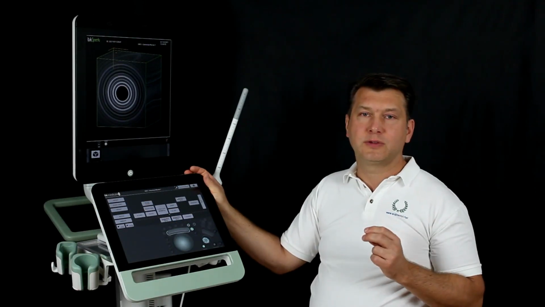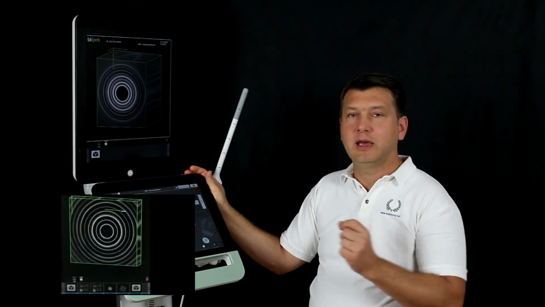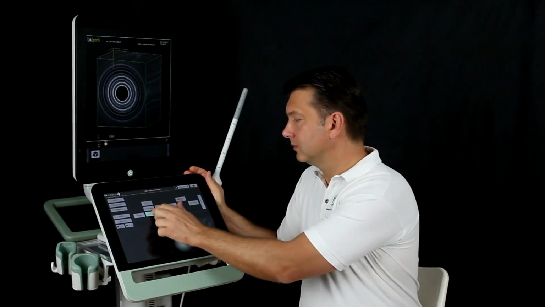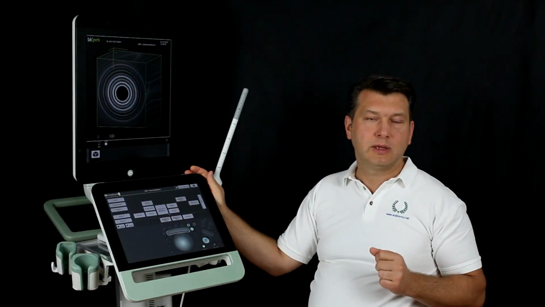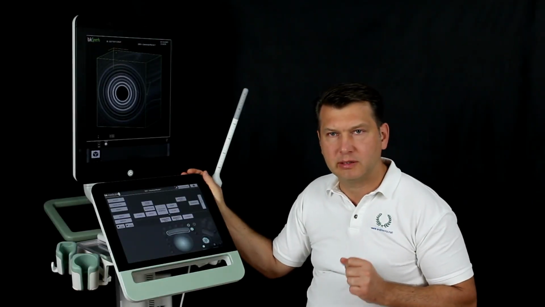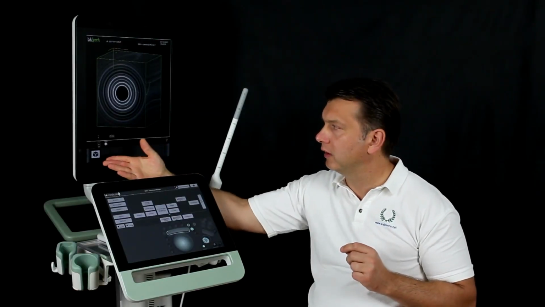Any measurements, for example, may be carried out and are scaled correctly, and can of course be performed at any time. Each 3D box is automatically saved and appears here below.